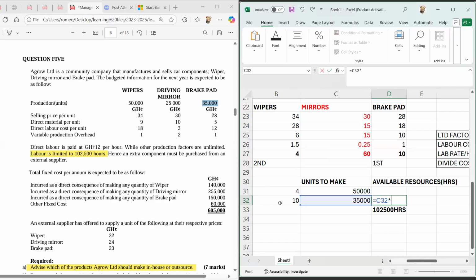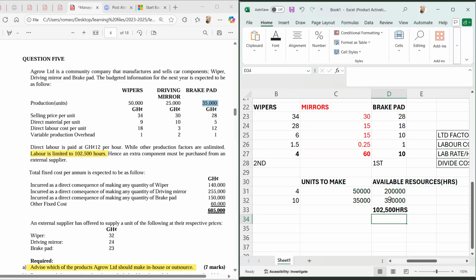It gives you 350,000. 4 times this one will give you how many? 200,000. And this one is giving us what? 102,500. I bet the hours available is 102,500. Right? Yes. But if you add these two, how much are you getting?